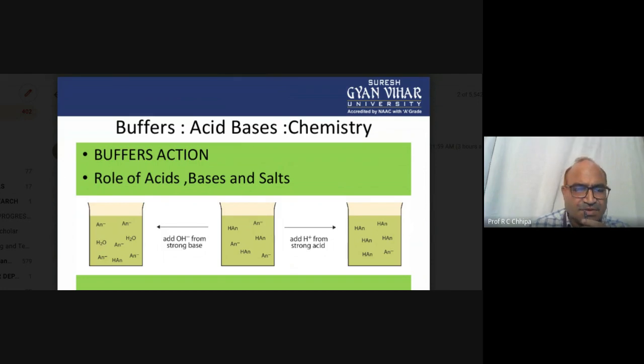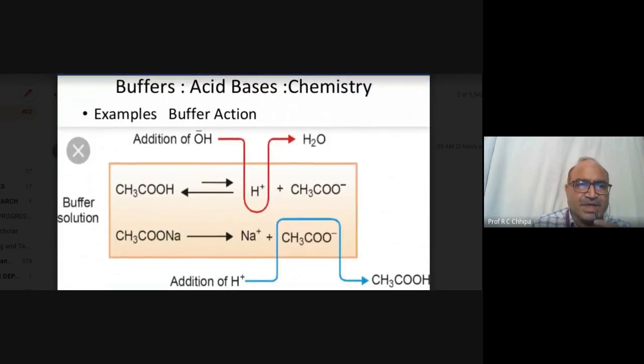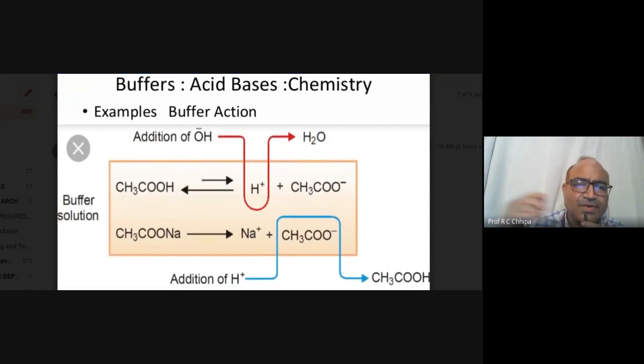Similarly for the hydroxyl ion concentration, on the left side we have to see the addition of a strong alkali, but there is little or no change in the pH value of the solution. This can be easily seen, and you can see the role of the buffer.